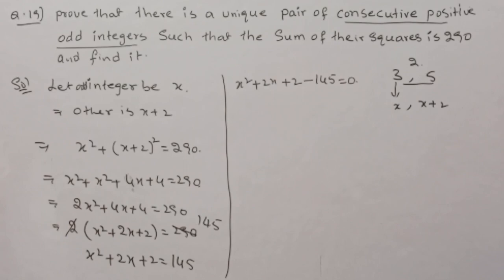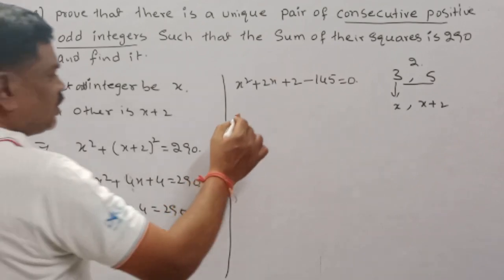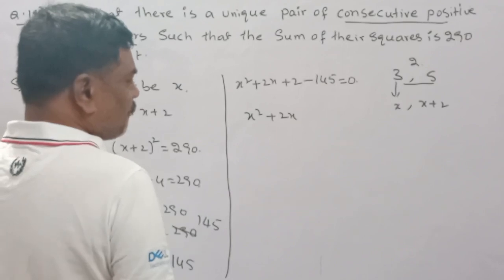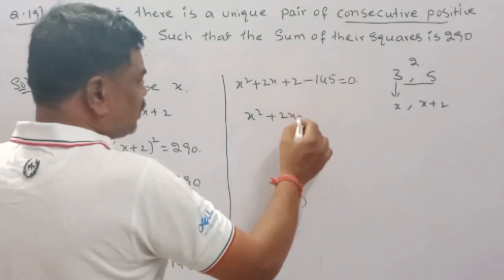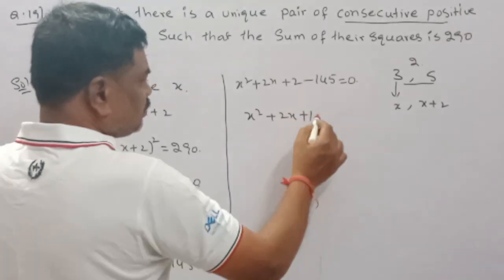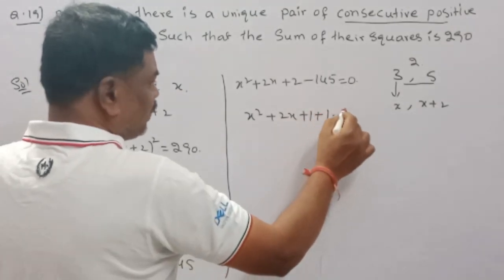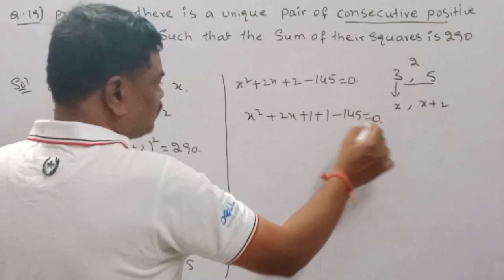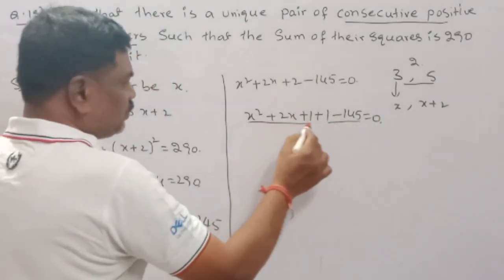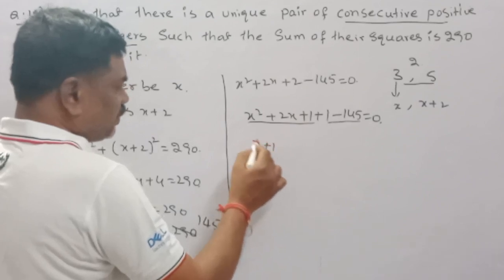Okay, all of you? Here, this is x square plus 2x plus 1 plus 1 minus 145 equal to 0. Up to here, it is x plus 1 whole square.